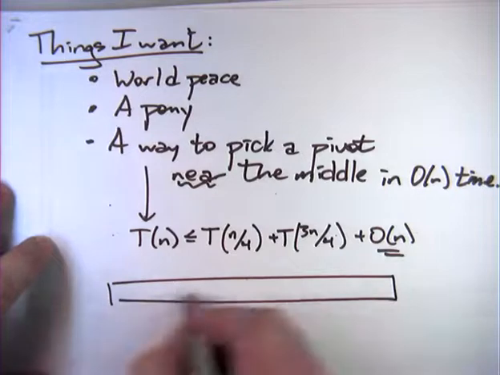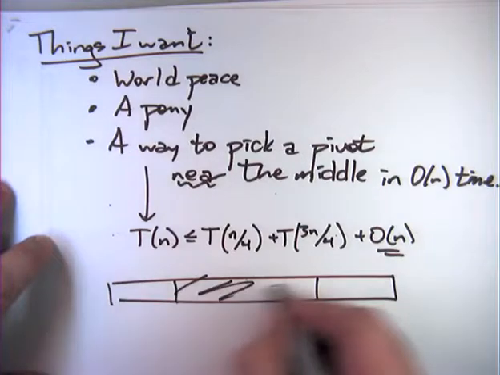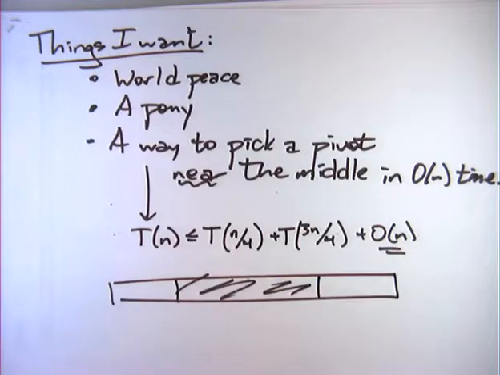I don't exactly know where, but it's somewhere between 1/4 and 3/4 of the way through the array. And then each side is going to be at least n over 4 things in it, and at most 3n over 4. And it turns out in recurrences like this, the worst case is going to happen when the subproblem sizes are as different as possible. Okay.